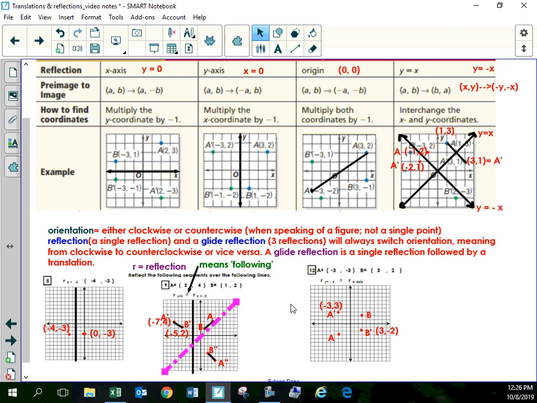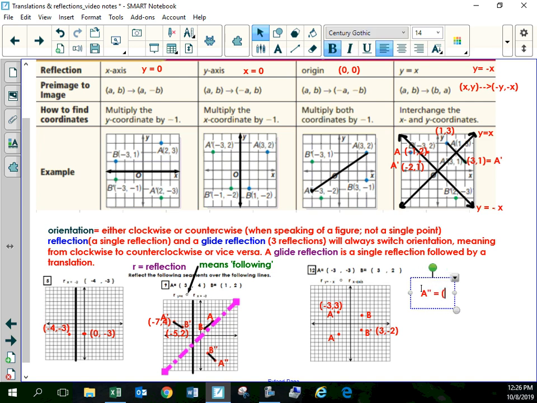If I want to reflect over this line, y equals negative x, all I do is negative y comma negative x. So A double prime equals, remember, negative y, so the y is 3, so negative y is negative 3, and then negative x, the opposite of x, is positive 3.